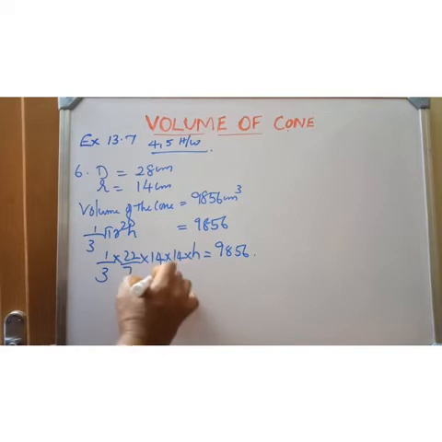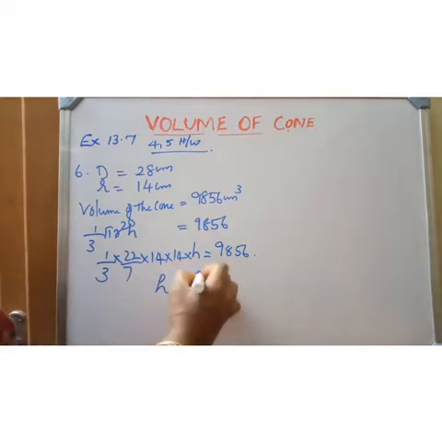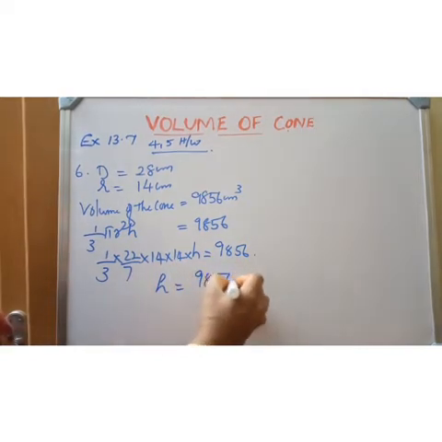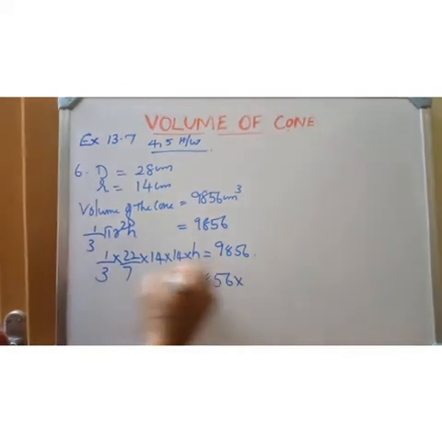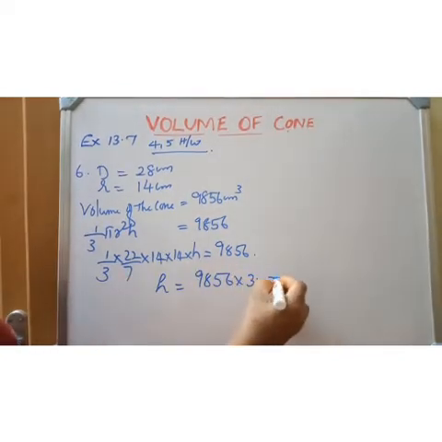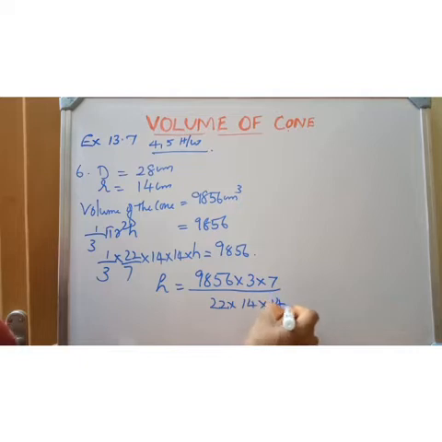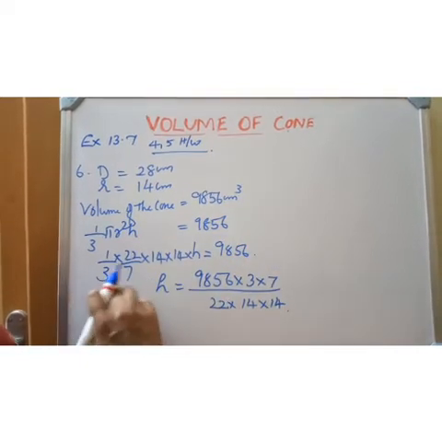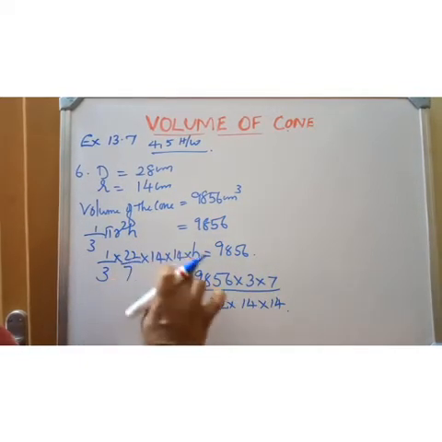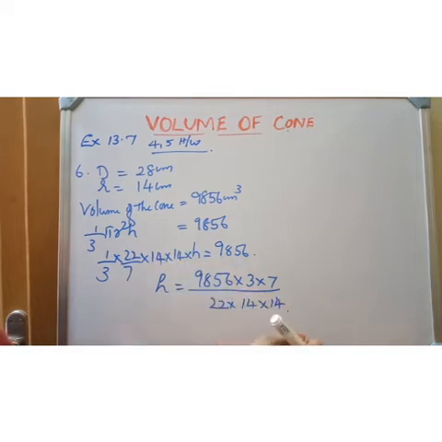Therefore, h is equal to 9856 into 3 into 7 divided by 22 into 14 into 14. 3 into 7, numerator comes, 22 into 14 into 14, denominator will come.